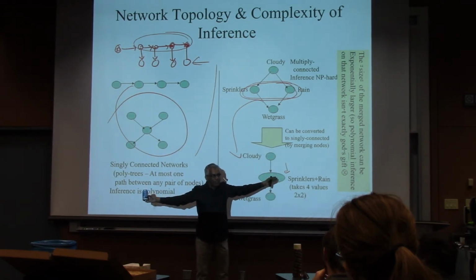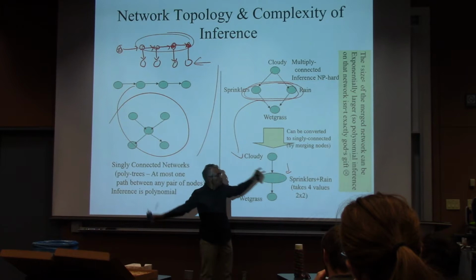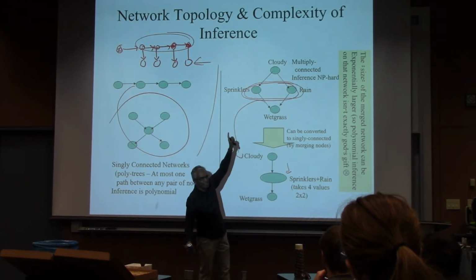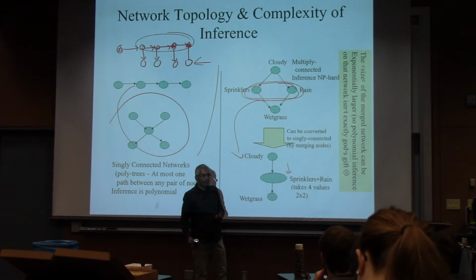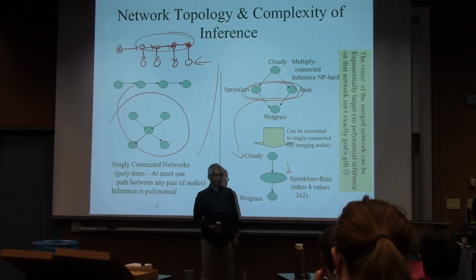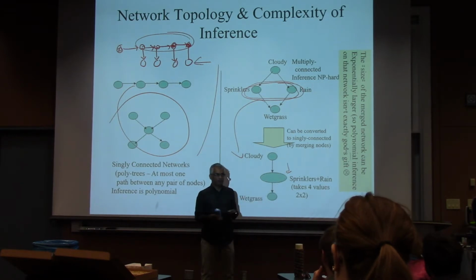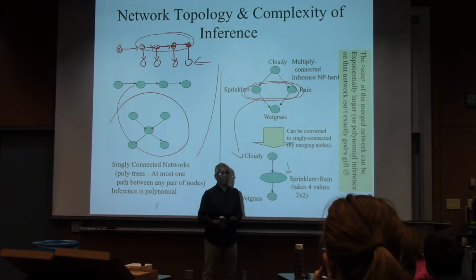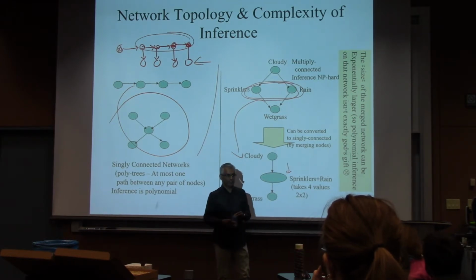What was the input that you increased exponentially? The truth table. The CPT was sprinkler given cloudy, which is of size 2, and rain given cloudy, which is of size 2. But here, essentially, it will be 4 values. It's an exponential blow up. So then it became polynomial in the exponentially blown up input space.